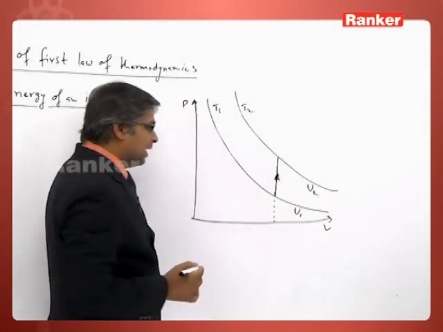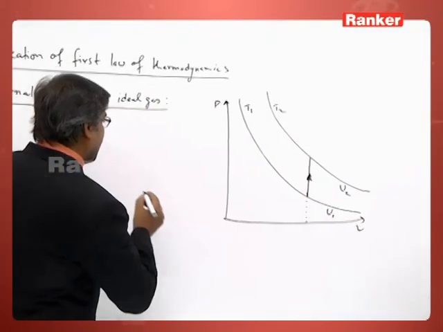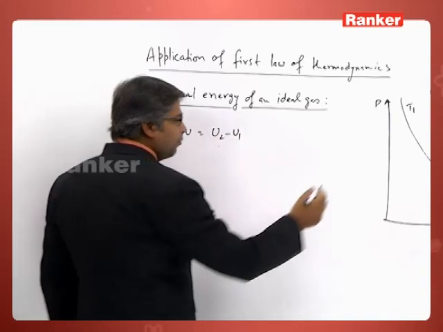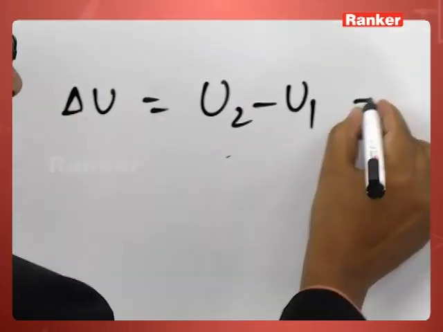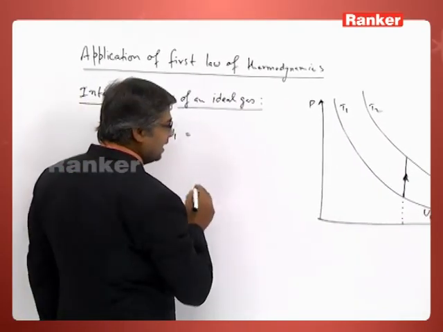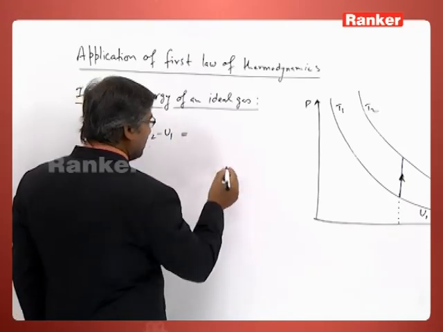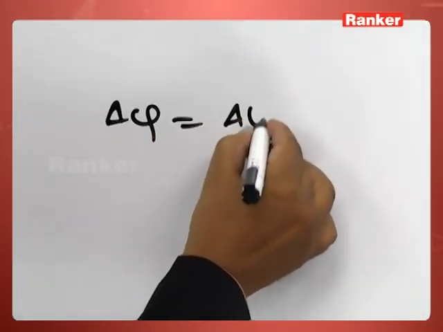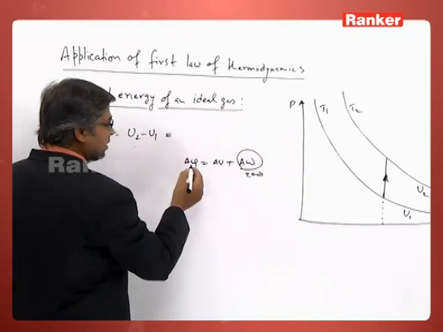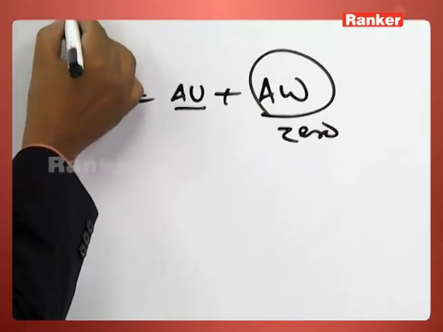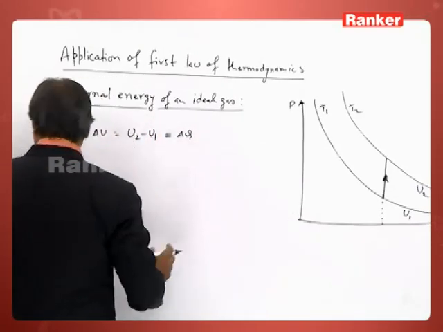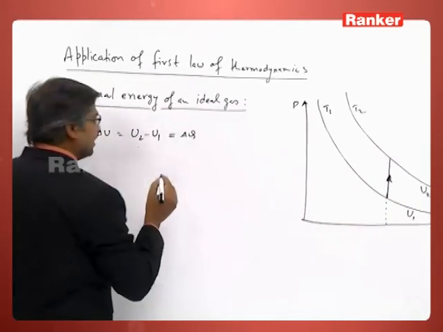Let us calculate delta U, that is U2 minus U1, the internal energy of this minus this. Since the volume is constant, delta Q is equal to delta U plus delta W, and this quantity is 0 for this process. So delta U will be equal to delta Q, only for this process, where delta work is equal to 0.